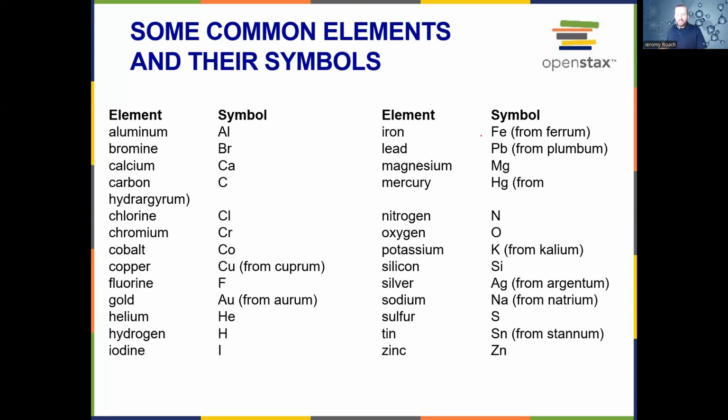Lead is another, lead and iron. These are all worth memorizing and definitely become more and more familiar with the periodic table as much as you can. There's a lot of different trends, and it's good to just have a periodic table whenever you're doing anything related to chemistry, just to have one nearby.